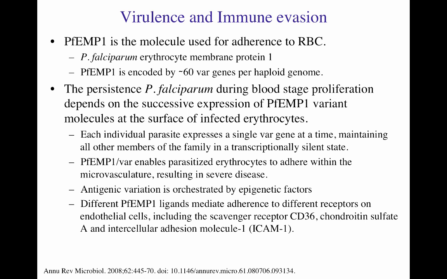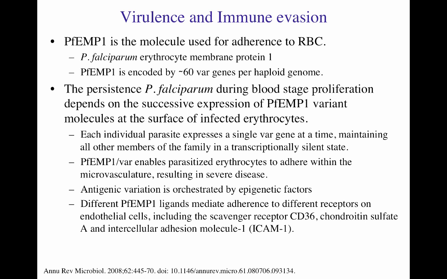Now, once you have the variability of this protein, it enables the parasitized red blood cells to adhere to the macrovasculature, resulting in severe disease. There in the macrovasculature is where they're going to stick, develop into a schizont, and burst. Different ligands mediate adherence to different kinds of receptors in endothelial cells.